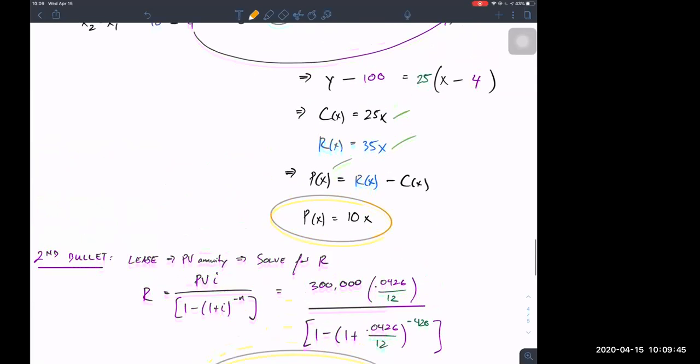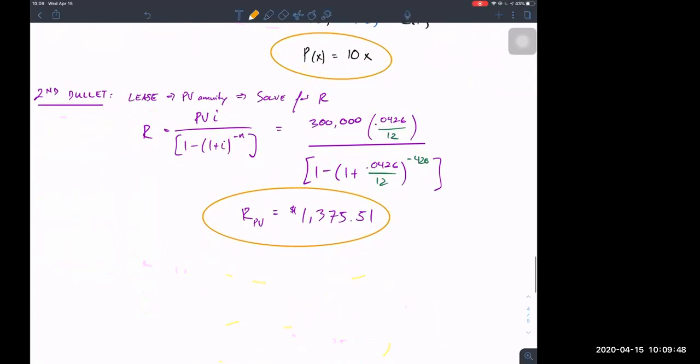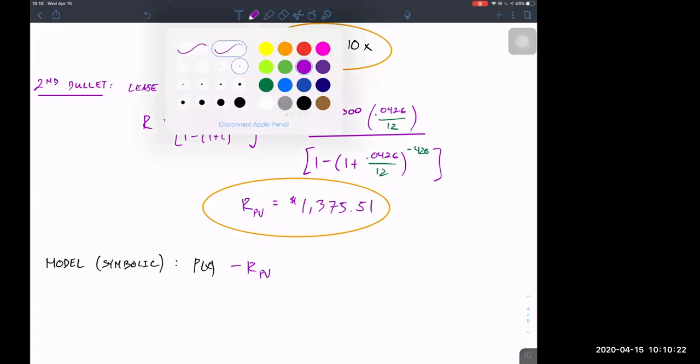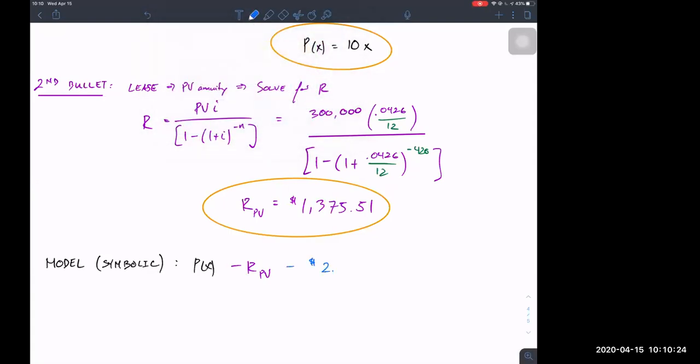But here is the first and second bullet. The third bullet, even though it is something I formally put in there, is a simple one, right? It's that $2,000 ad campaign. So when you make your model now, and again, not required, but if you're going to do it symbolically, you're looking at the profit function minus whatever the lease is, which in this case you already know, and then minus that $2,000.